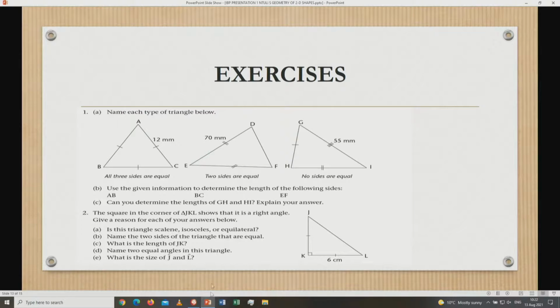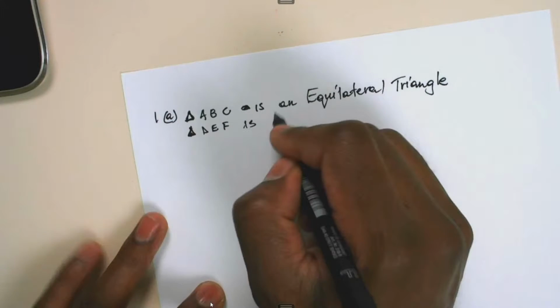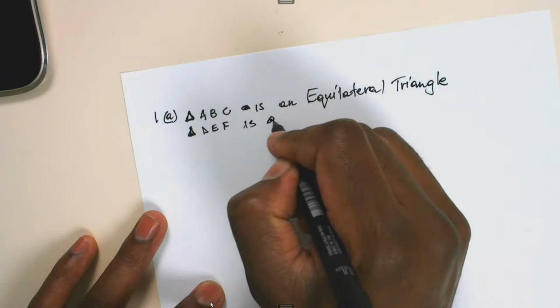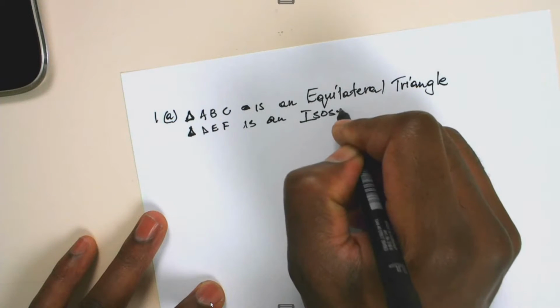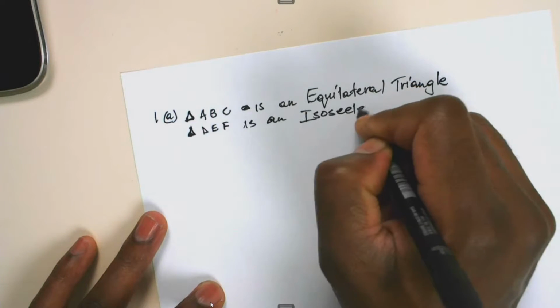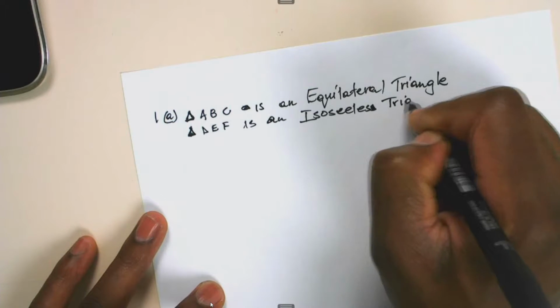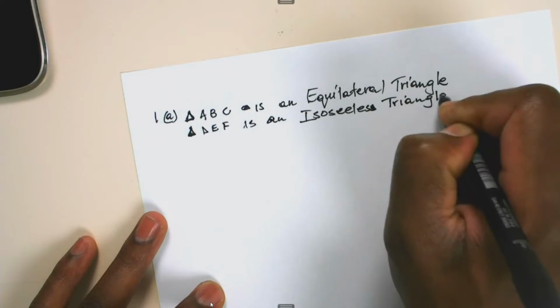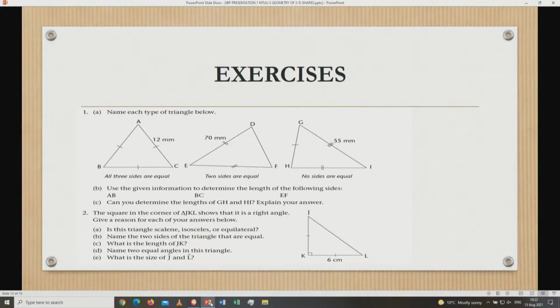They have marked it for us. So a triangle that has 2 sides that are equal, we call it an isosceles triangle. Well done.